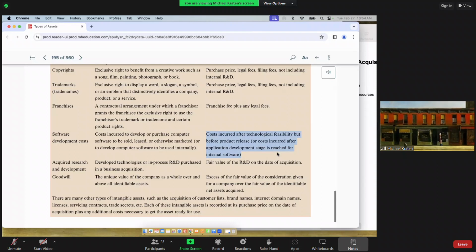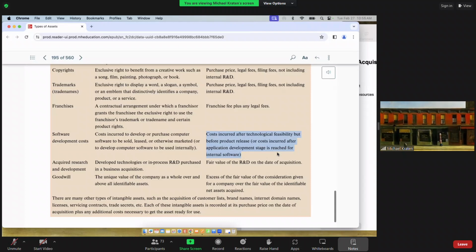And so the accounting standards say, hey, look, if you're spending money to develop software, once you know it's going to work, hopefully, feasibly, those costs are part of the cost of the asset. Anything that you spend before that time is just sort of kidding around time, general playing around, general experimentation.